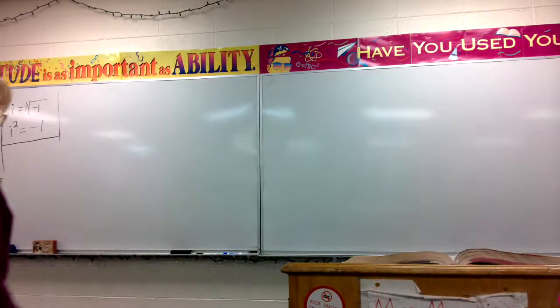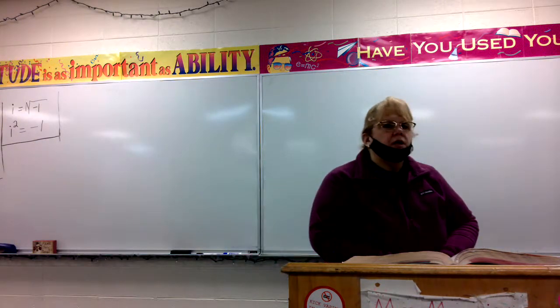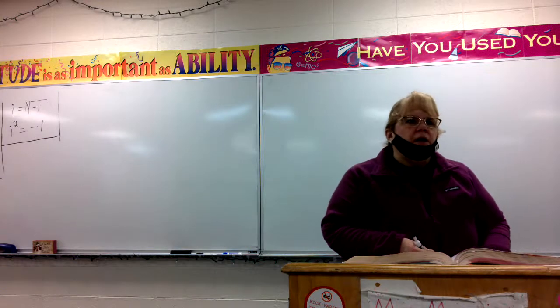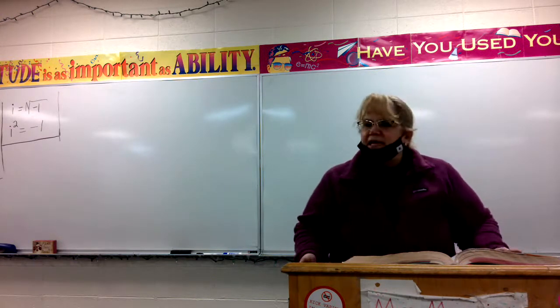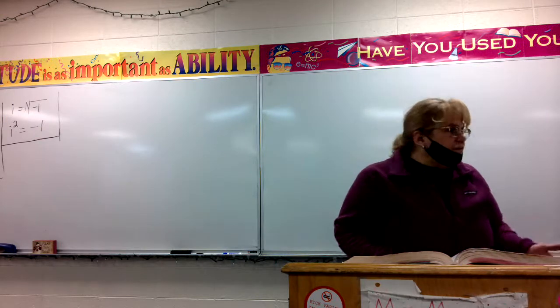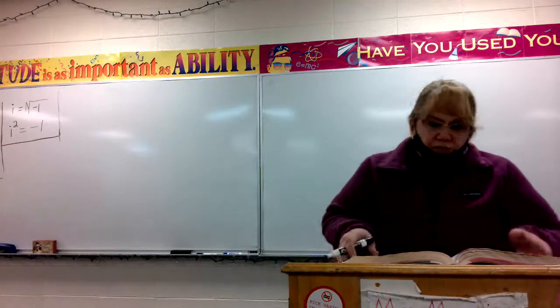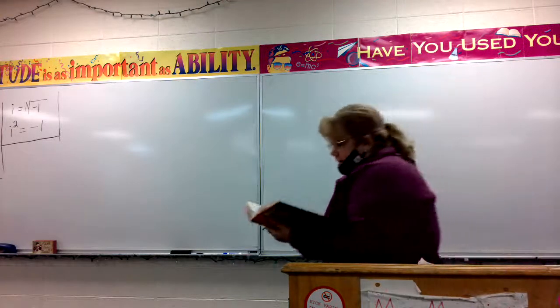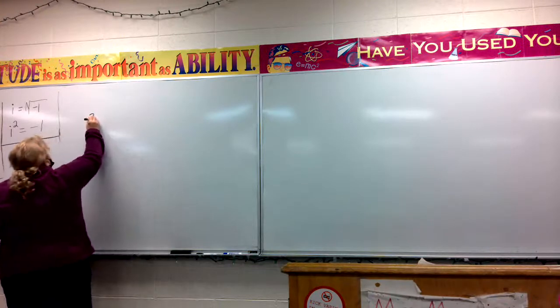So remember, the idea with this assignment was to multiply by whatever the common denominator would be so that you get rid of the fraction, right? So we're going to do the same thing again today, except now, oh, look at this.